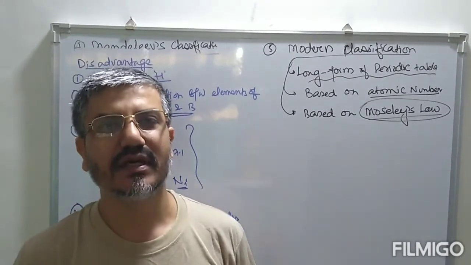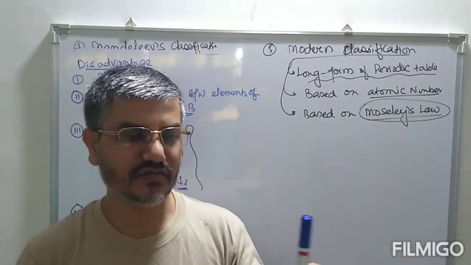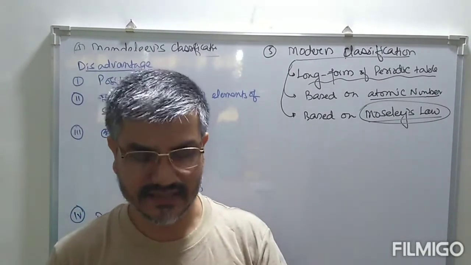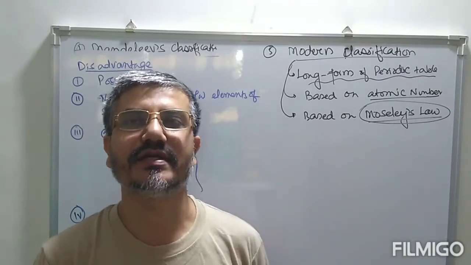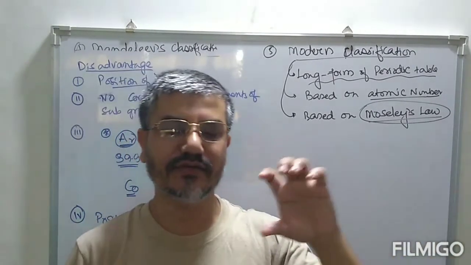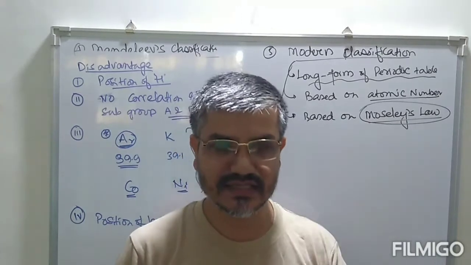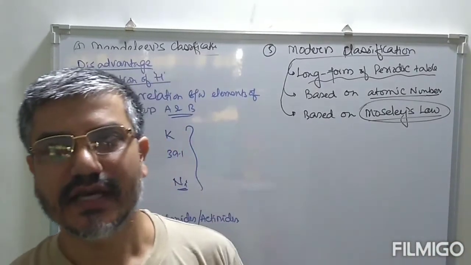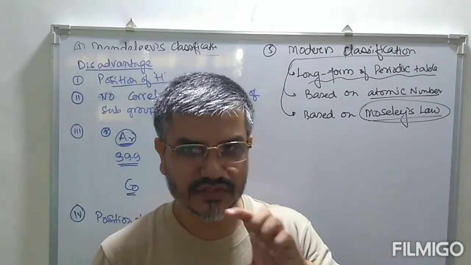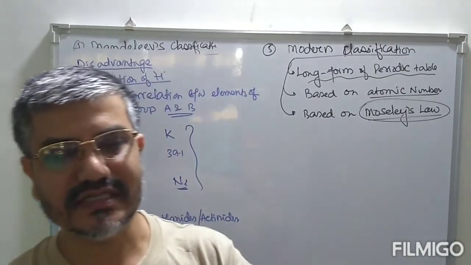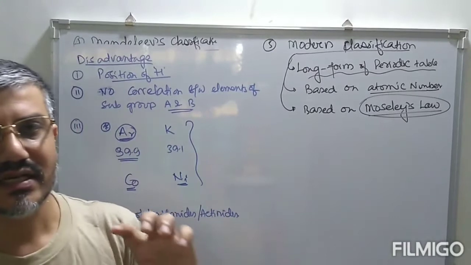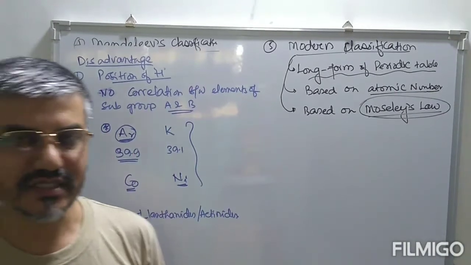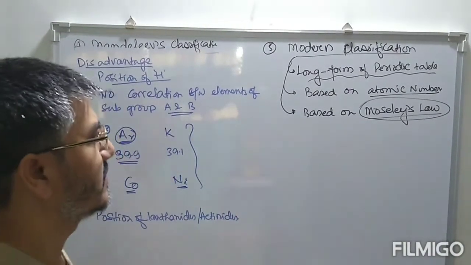He took different elements, which were struck by some heavier elements, and they released characteristic X-rays. For these characteristic X-rays, he made a graph between the frequencies of the X-rays generated from different elements and their atomic number as well as atomic mass, and later on he found that the graph between the frequency of the characteristic X-rays and the atomic number was a straight line rather than the frequency versus the atomic mass.